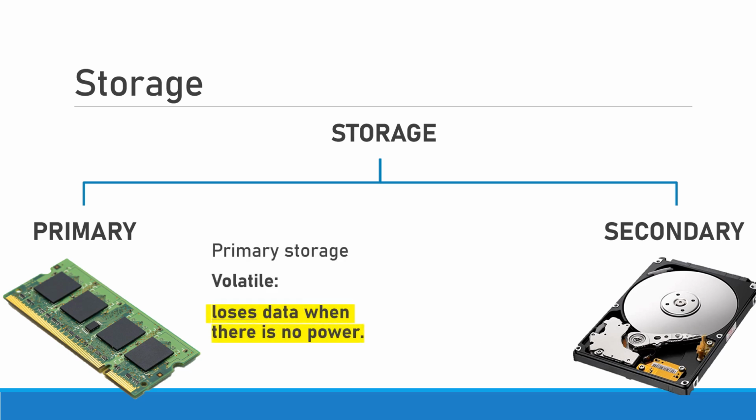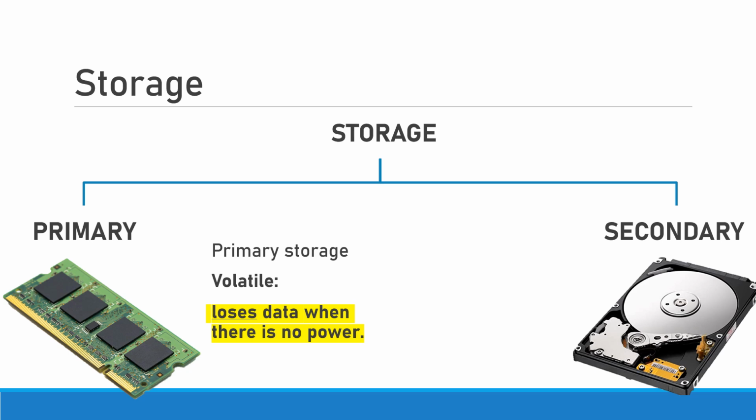Primary storage, first and foremost, is something called volatile. It's a device that loses data when there's no power. Basically speaking, if anything is stored on that device while the computer is on, it will stay there. But as soon as you turn your computer off or switch the power off, anything that was in primary storage before gets wiped away.